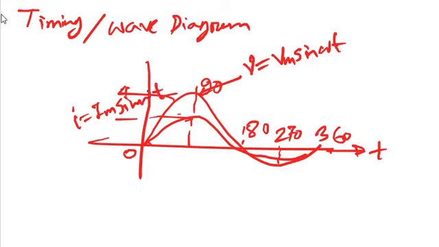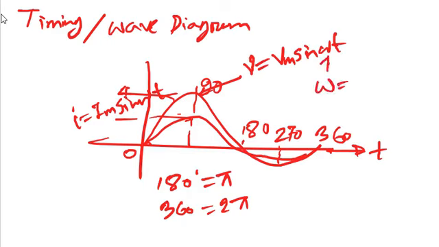Okay, and this one also we can say is in radians: 180 degree equals pi, and 360 degree equals 2 pi. This is enough for this. Also this omega, what is actually omega? Omega equals 2 pi f. F is actually frequency, the number of cycles.